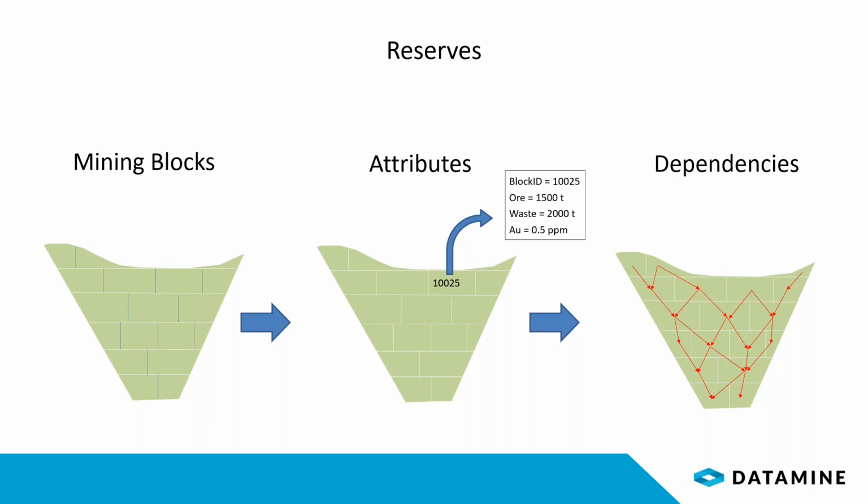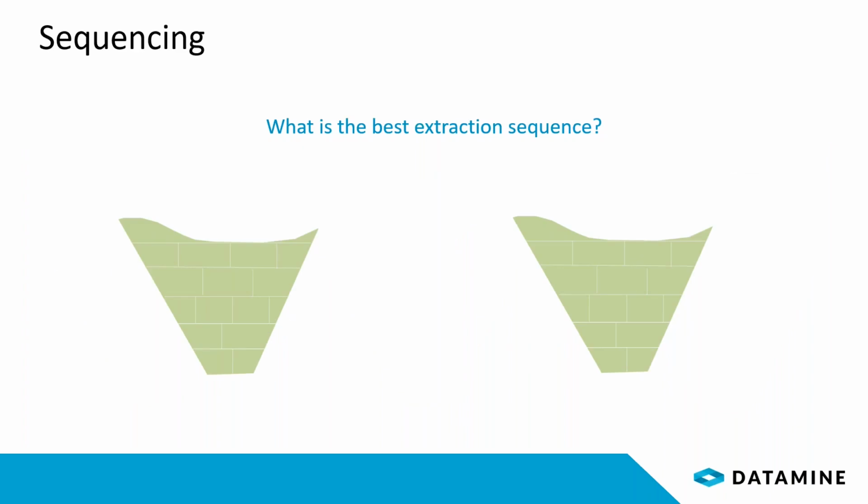These three types of information, the mining blocks, the attributes, and the dependencies, are the input for scheduling, and that's why we have reviewed it. This group is called a dataset. It can be saved, exported, imported, or automatically accessed in the scheduling ribbon inside Studio OP.